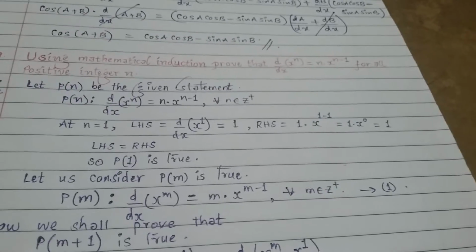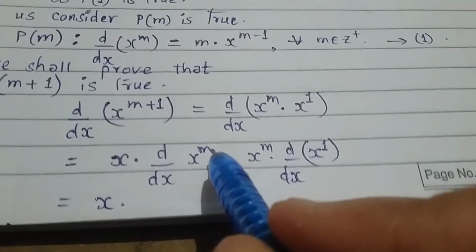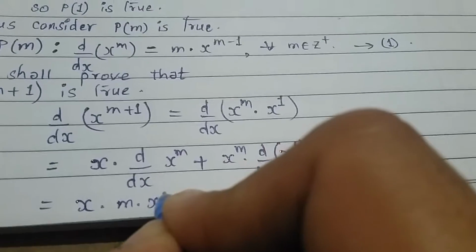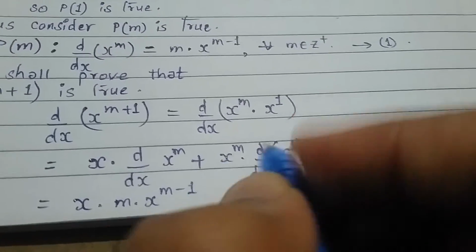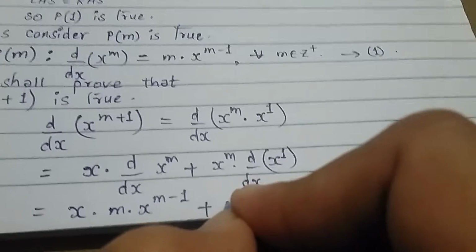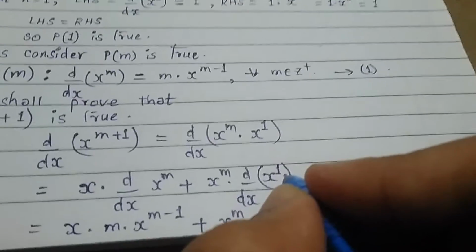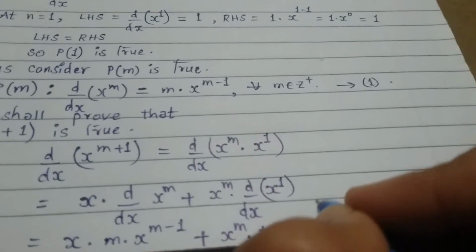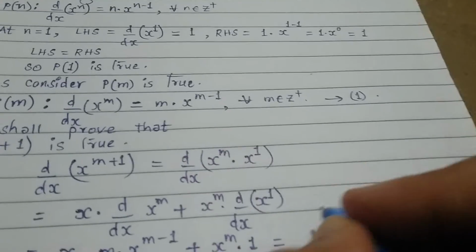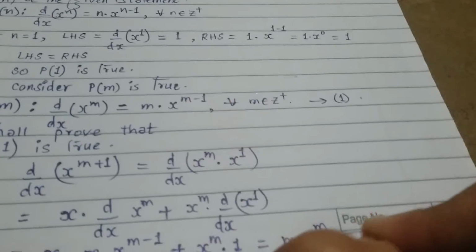So this can be taken as x into d by dx of x power m. d by dx of x power m from equation 1 it is m into x power m minus 1, plus x power m into d by dx of x, which is 1. So here we can write it as m into x power m plus x power m.